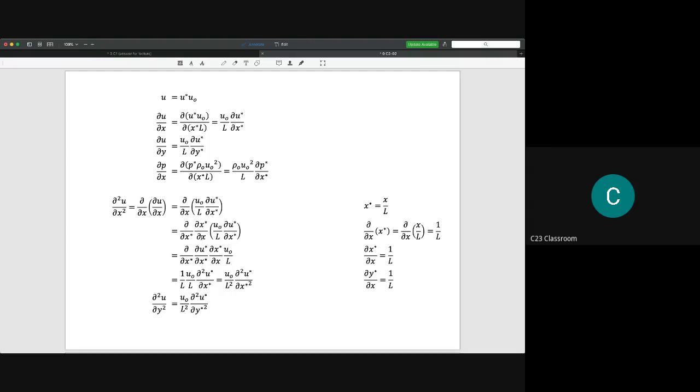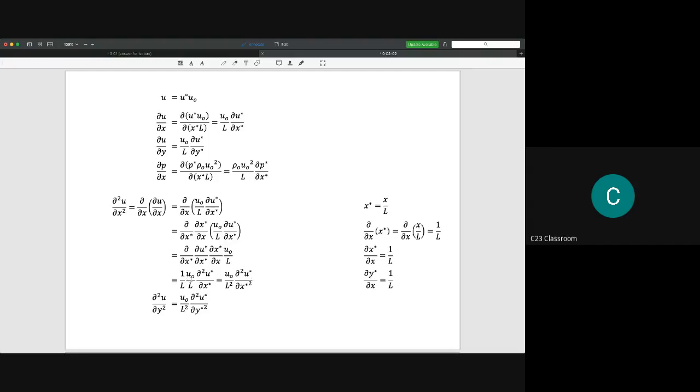So what we do is rearrange these terms. We have the x star here, then we bring the u star here, and we have u star dx is here. And then we have an L here, and finally we can change it into this one.